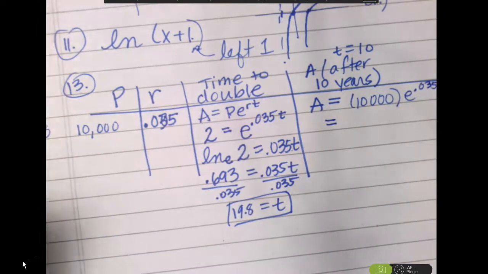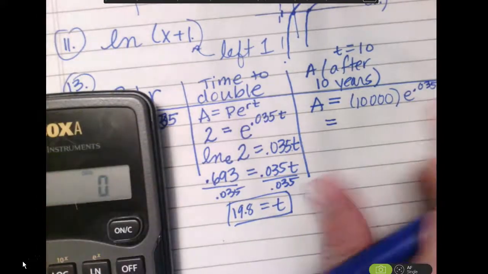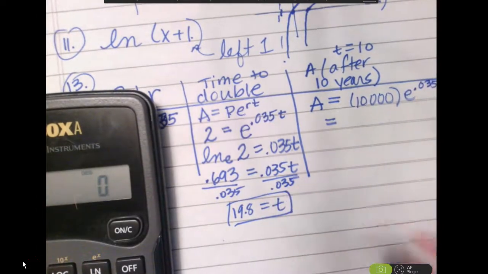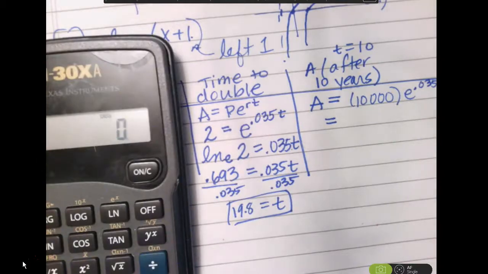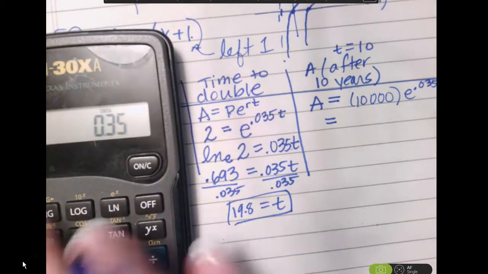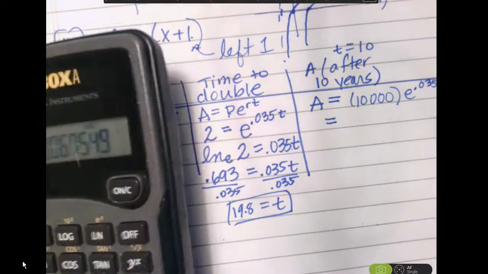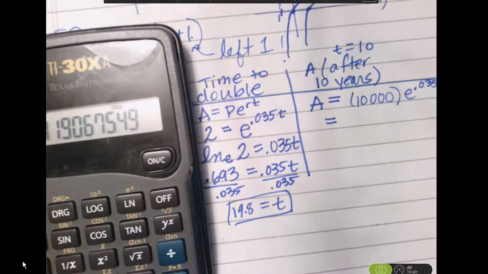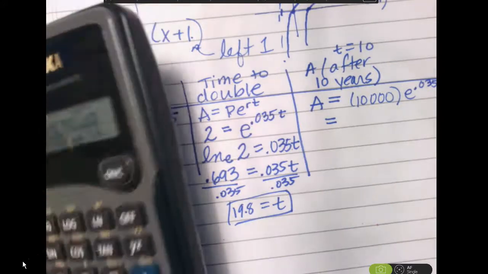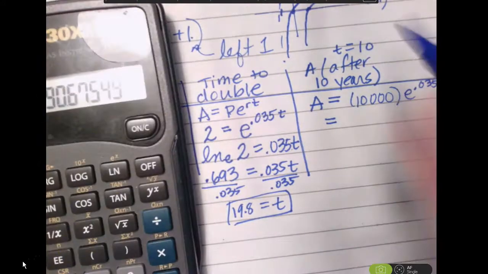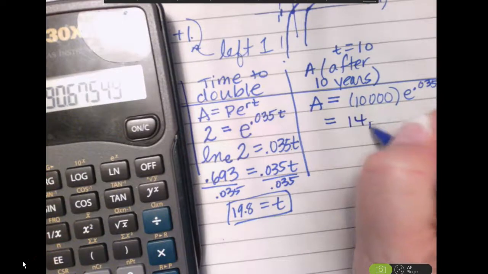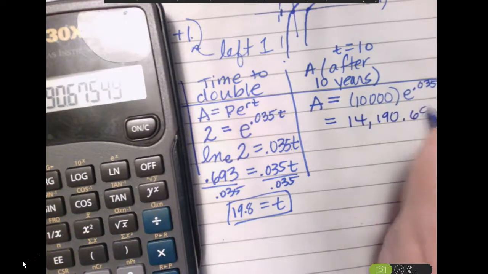So plugging all of that in, 0.035 times 10, just move it over one place, so e to the 0.35 is 1.419, and then that times 10,000 gives me $14,190.68.